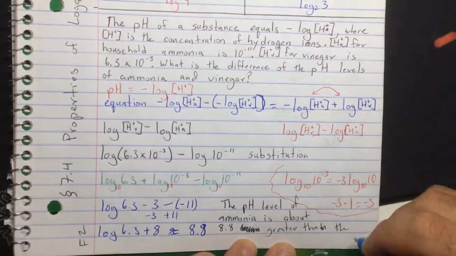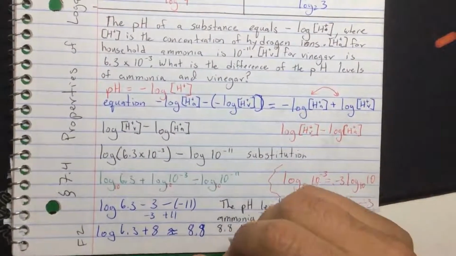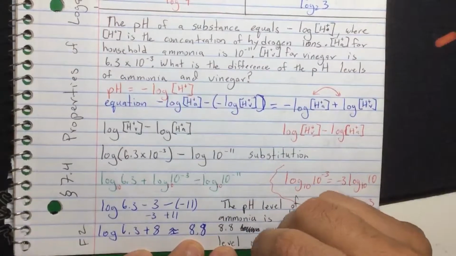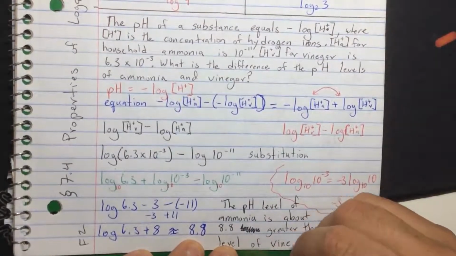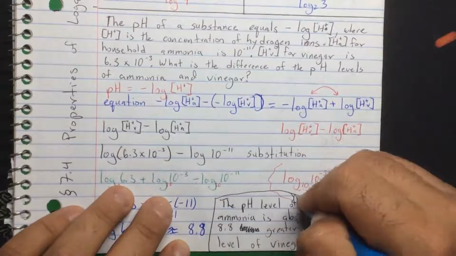Sorry, I was thinking of the earthquake problem. The pH level of vinegar. And that's going to wrap it up for this problem here.